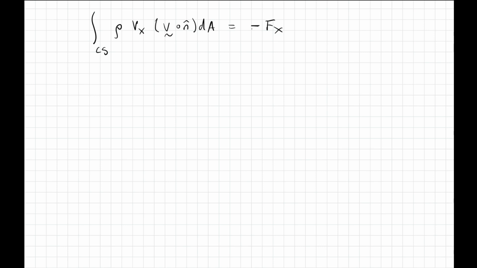So all that really remains to do is evaluate this control surface integral, which it turns out is not very hard at all. So why is it not very hard? Well, let's look at this. We need to evaluate this integral over our control surface. In this case, none of the things in here actually vary over our control surface.